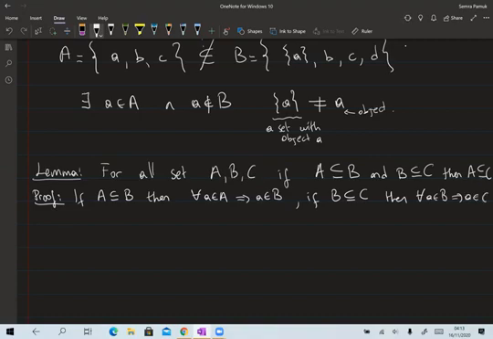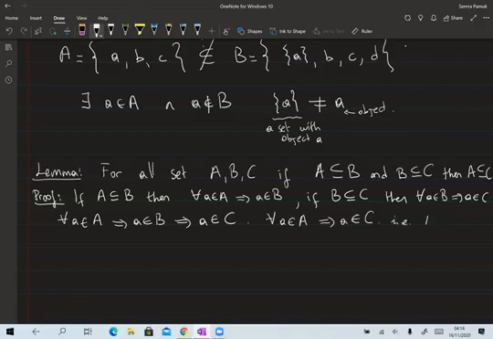So every a in A is in B, and every a in B is also in C. So we get that every a in A is in C. In other words, A is a subset of C. Very simple, direct proof.